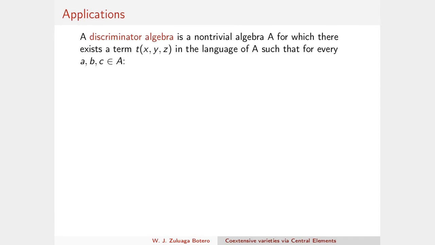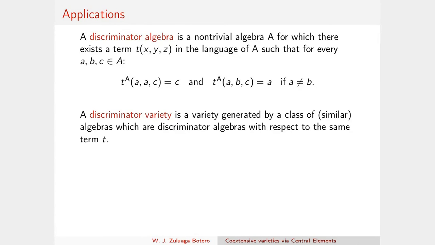Finally, on some applications, we need to recall that a discriminator algebra is a non-trivial algebra A for which there exists a ternary term in the language, so that for every a, b, and c in the underlying set, these conditions here hold. A discriminator variety is a variety generated by a class of similar algebras which are discriminator algebras with respect to the same term t.